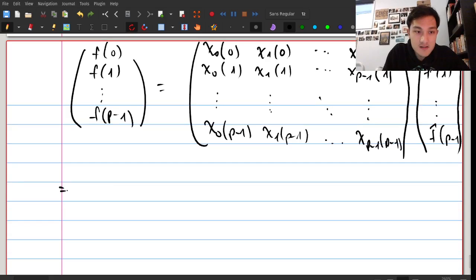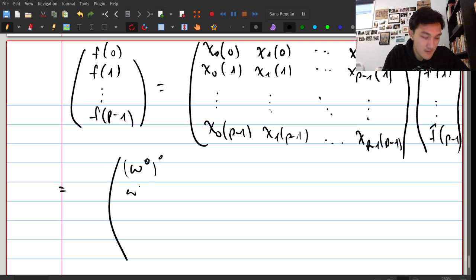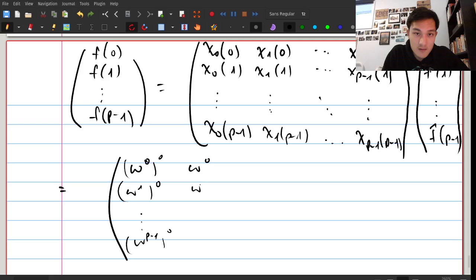But this is equal to, let's rewrite this as powers of this root of unity that we have. It's omega to the 0 to the 0, omega to the 1 to the 0, all the way down to omega to the p minus 1 to the 0. Then in the next row, we have omega to the 0, omega to the 1, all the way down to omega to the p minus 1.